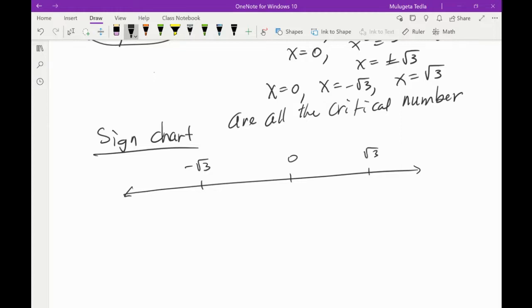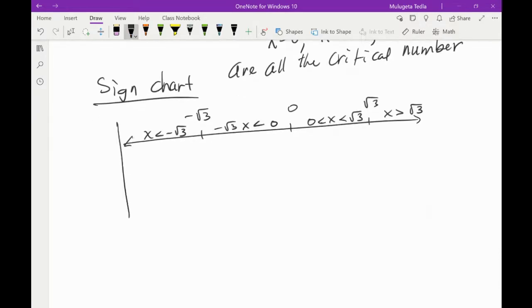So we have created x less than negative root 3, x in between negative root 3 and 0, x falling between 0 and root 3, and then finally x greater than root 3. So how many intervals? 1, 2, 3, 4 intervals.